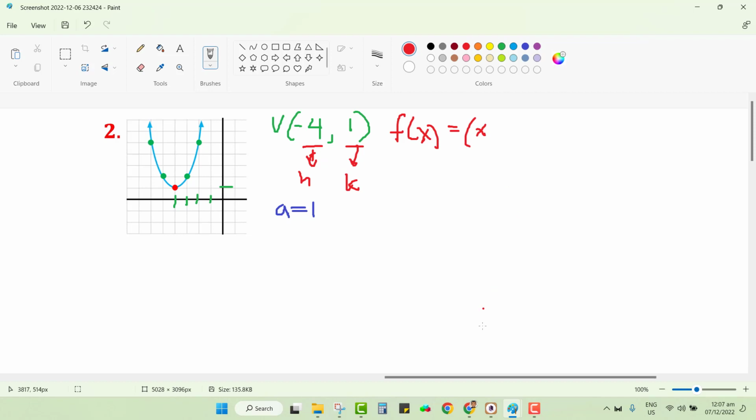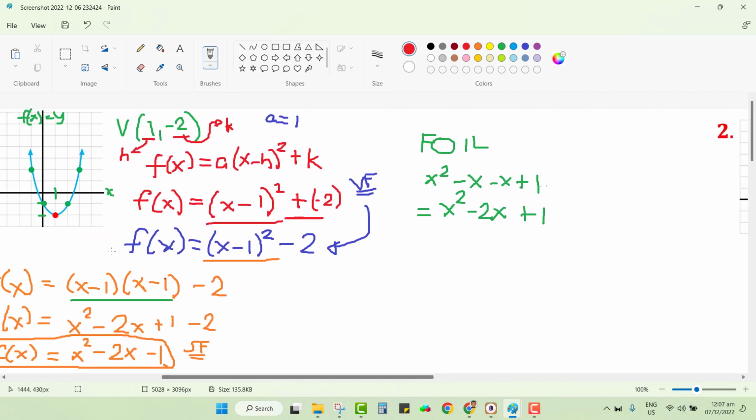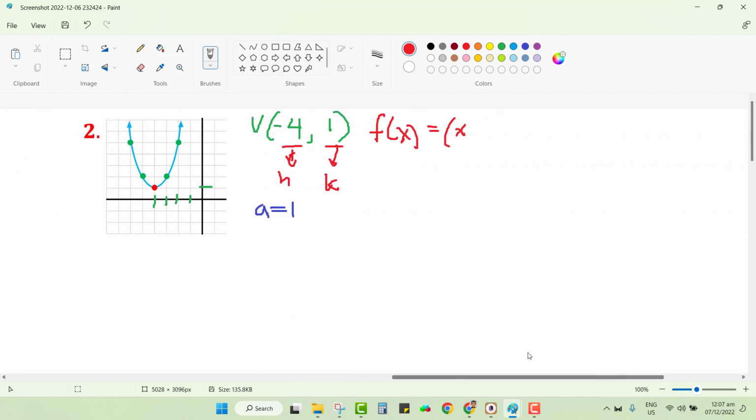Again, the difference with the h value in number 1 and number 2 is that in number 1, the h value is positive. That's why it's x minus 1 as far as the vertex form is concerned. But here in number 2, h is already negative.